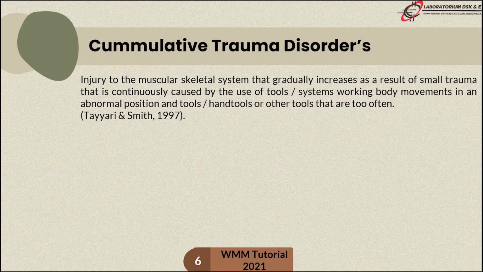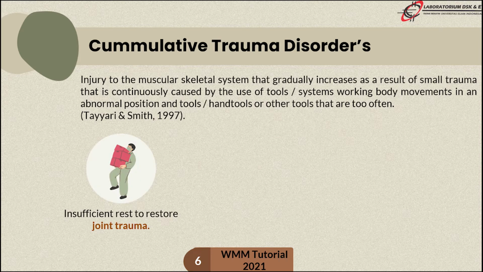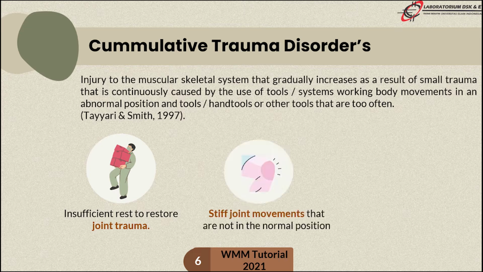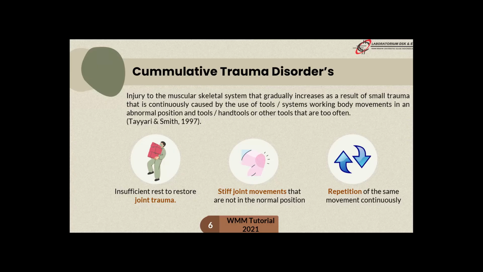The causes of CTDs are: first, insufficient rest to restore joint trauma, then stiff joint movements that are not in the normal position, then repetition of the same movement continuously.